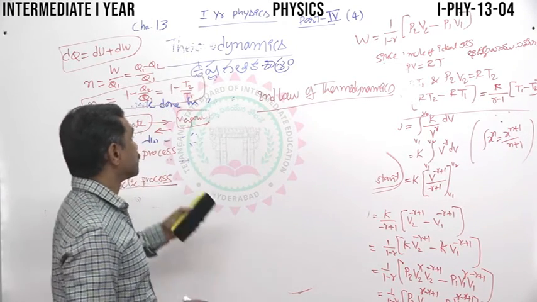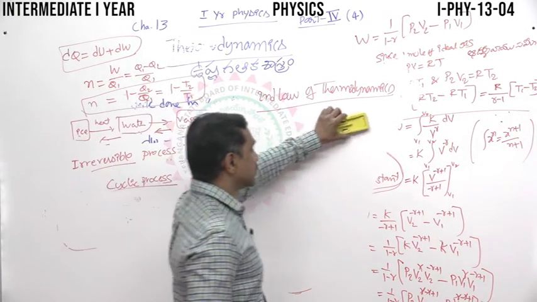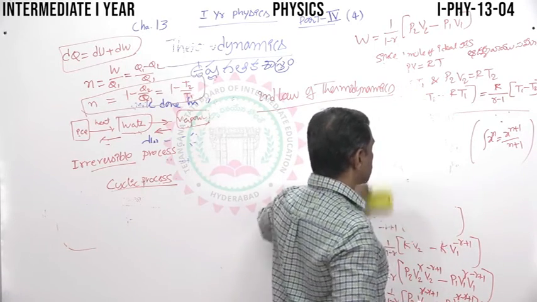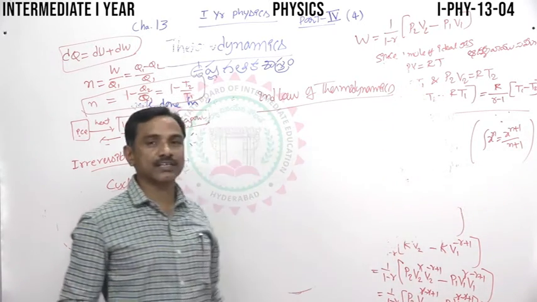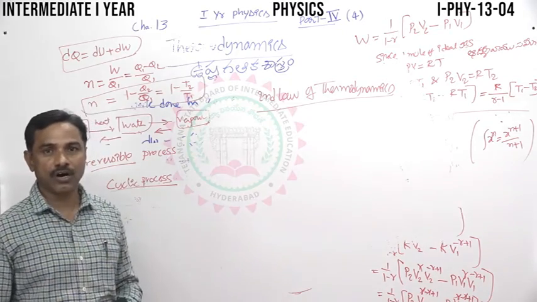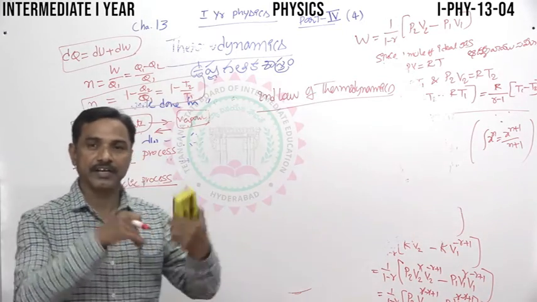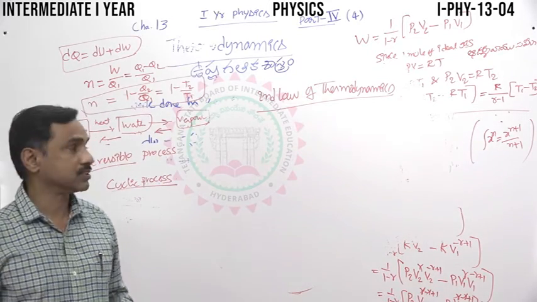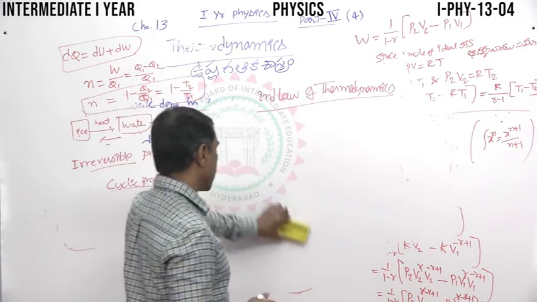Kelvin-Planck statement: it is not possible to construct a heat engine whose only result is to draw heat from a hot reservoir and convert the entire heat energy into mechanical work. It is not at all possible. This is the second law of thermodynamics.